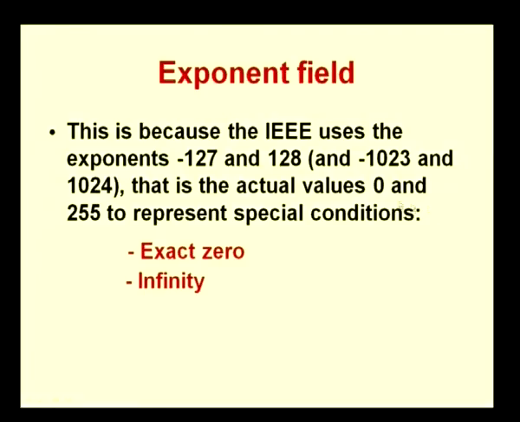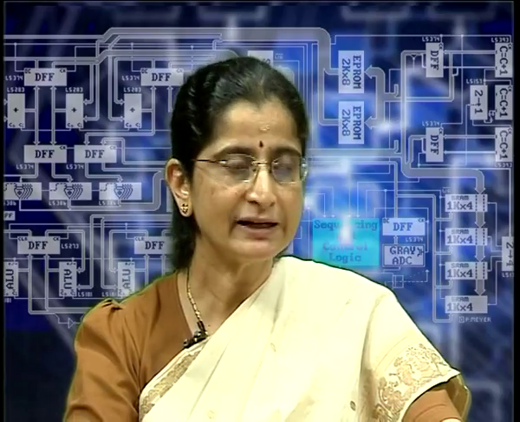And what the IEEE standard does with the other two fields, that is, the actual values of 0 and 255, the ones which correspond to minus 127 and 128, those values are used to represent certain special conditions. So, if you have a value of 0 in the exponent field, it is used to indicate an exact 0, because remember, if I want to have actual value 0 to be represented, I need a special representation for that in this floating point representation.